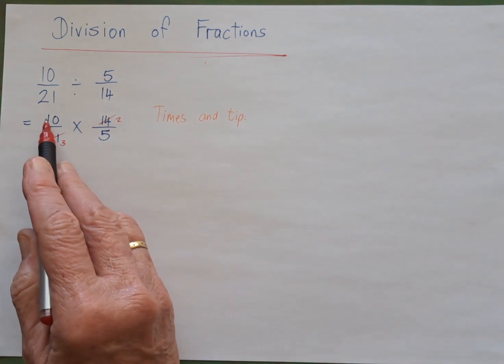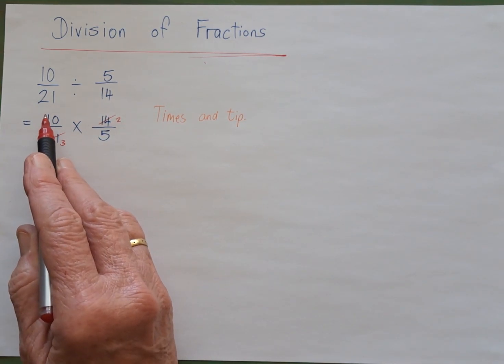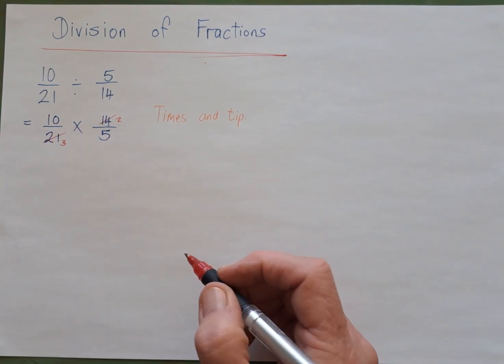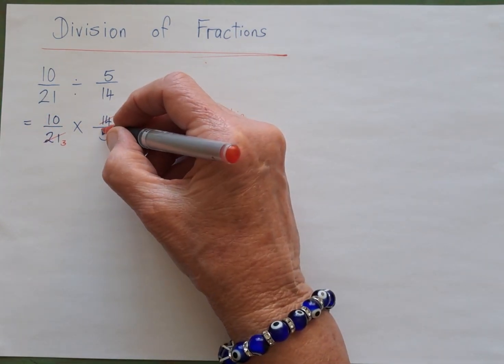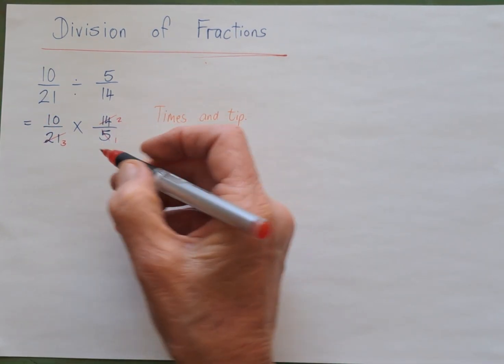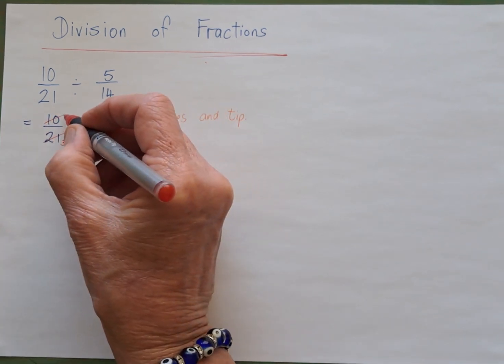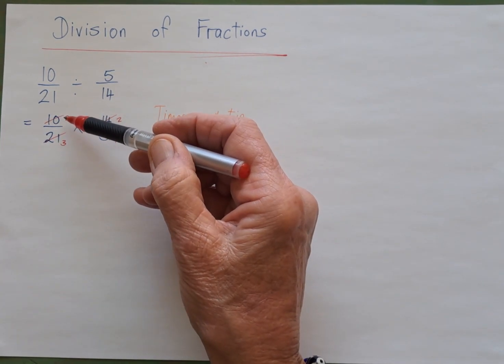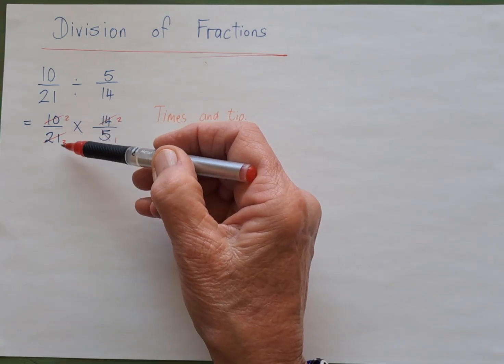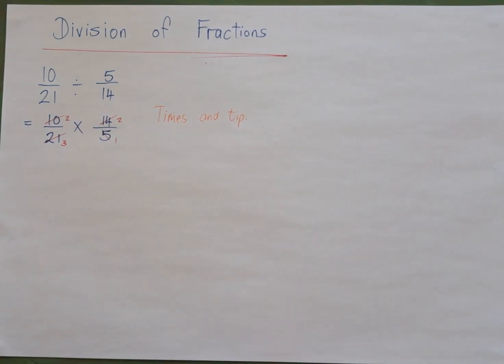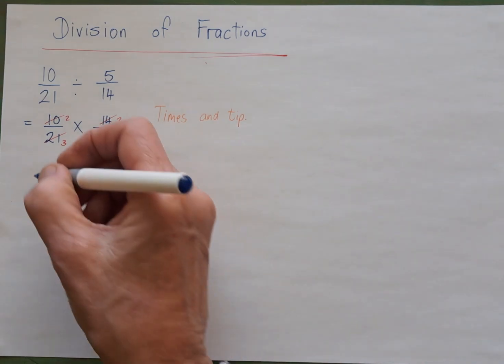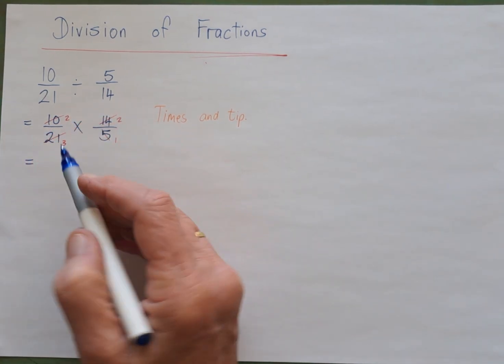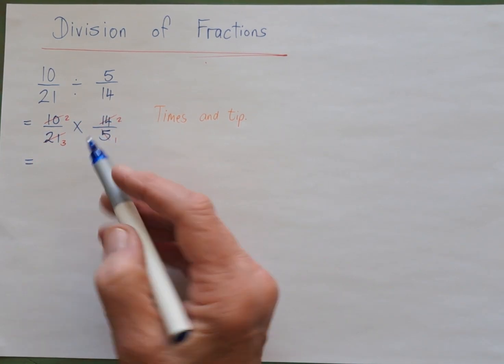Then if I look the other way diagonally, I've got a numerator and a denominator that are both divisible by 5. 5 goes into 5 once, 5 goes into 10 twice. Remember that I can even check like this because it's still a numerator and denominator, but they don't belong to the same times table.